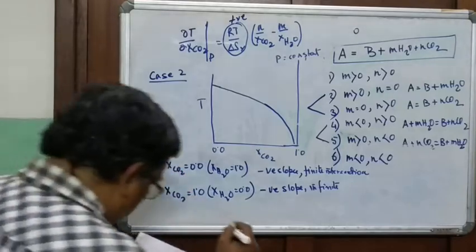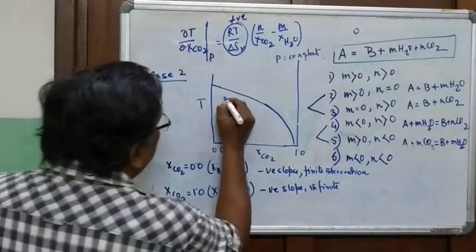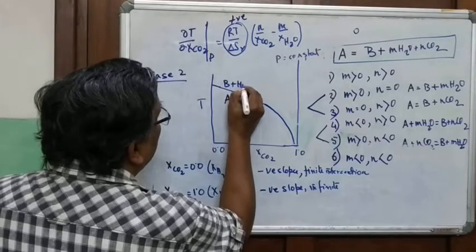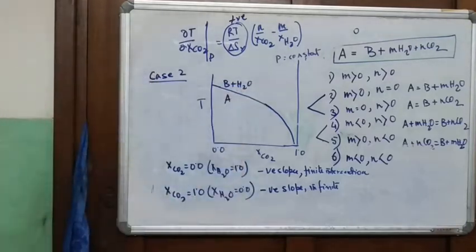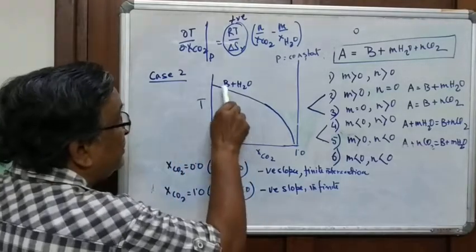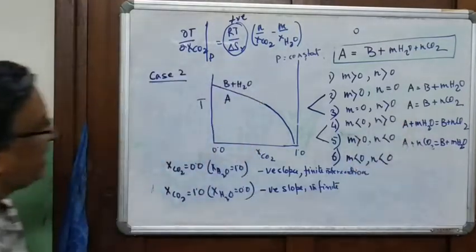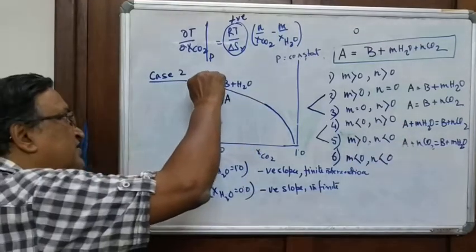We can write here A is equal to B plus H2O. This is for case 2. Have you understood? So here you will have A is equal to B plus H2O, N is equal to 0, no CO2 here.